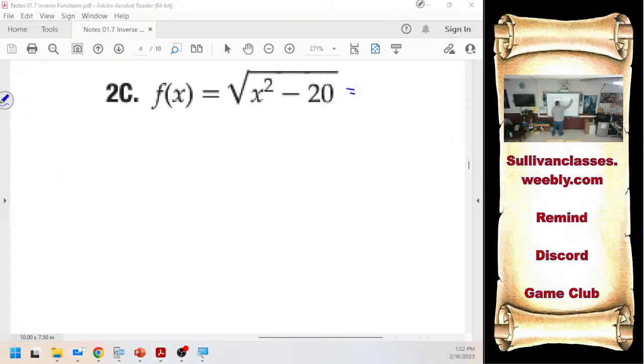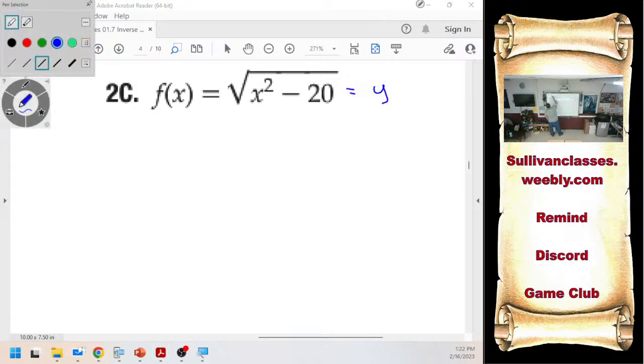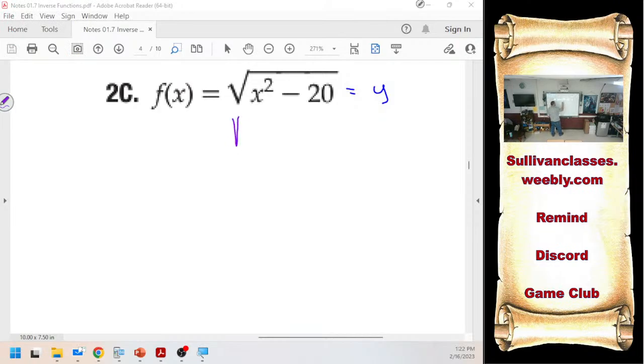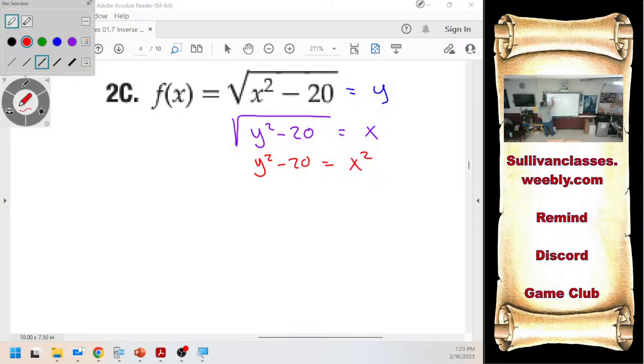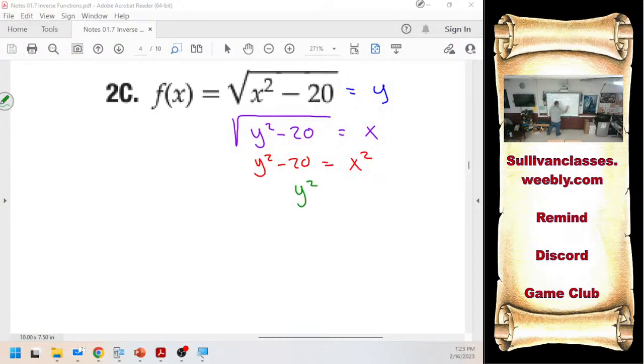You'd say this equals y, swap x and y. X squared, nope, y squared. y squared minus 20 is x. All right, how do I get that y by itself? Okay. And then? Add 20.